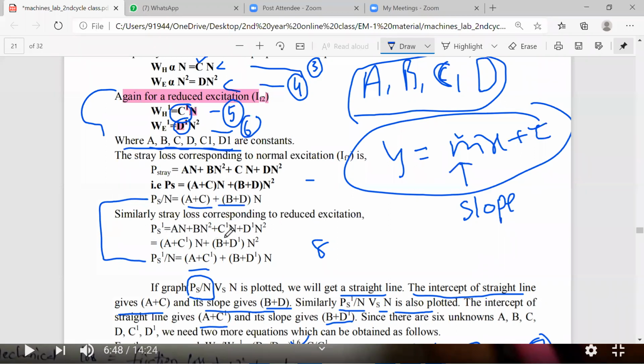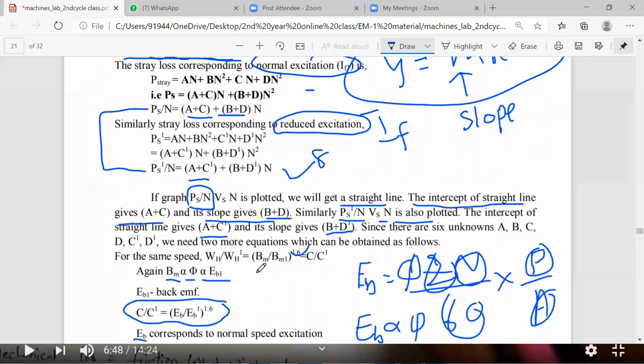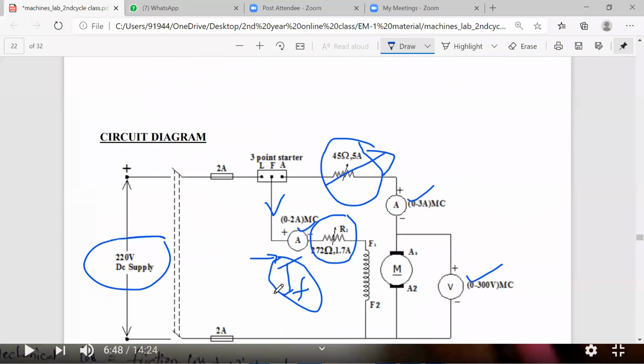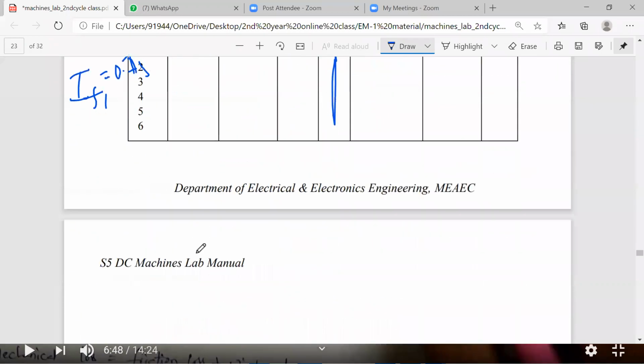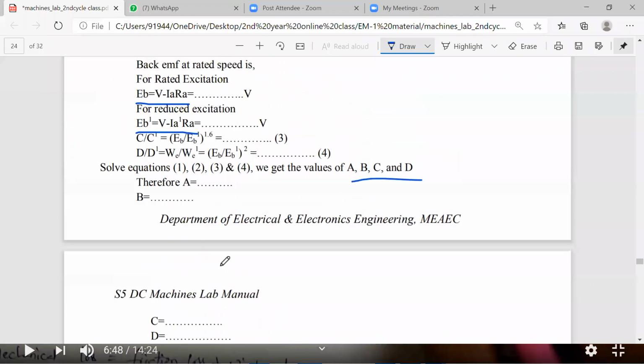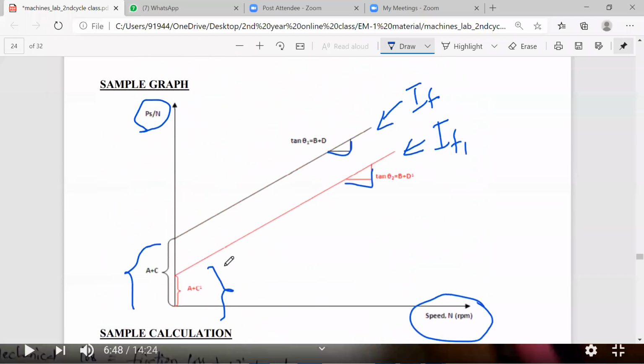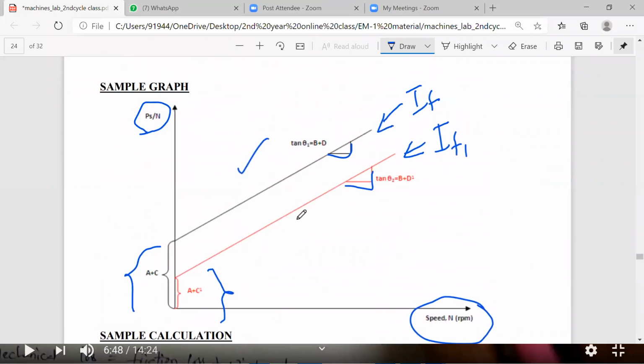Similarly, stray losses correspond to the reduced value of excitation. The field current is reduced, so first normal excitation, then reduced excitation IF1. If we change the excitation, the B maximum value changes, so there are new proportionality constants C dash and D dash. This is another straight line equation. So we plot two graphs, case 1 and case 2.